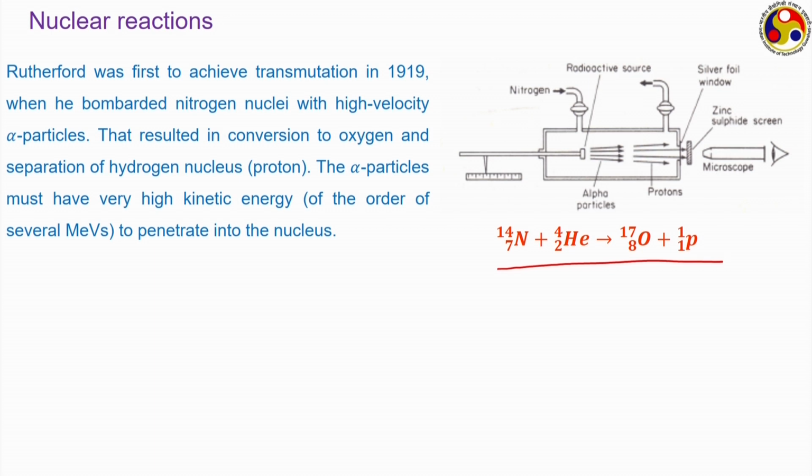We are trying to break that with another positively charged particle, and hence as the alpha particle approaches this nucleus, it will face a large repulsion force because of their identical charge. Therefore, this reaction is possible only when the alpha particle has very high kinetic energy, of the order of several MeV. Then only is it able to penetrate into the nucleus of nitrogen and cause this reaction.